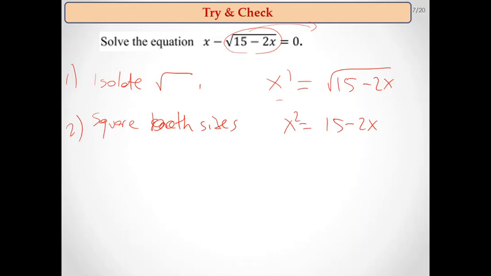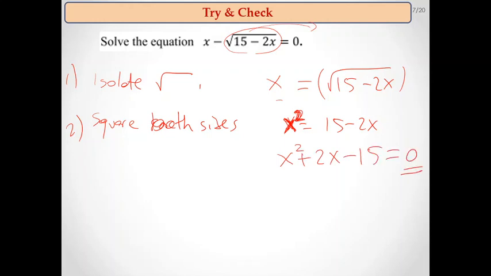When you take the square of both sides, then you got this one. Next, we have a square here. So if we have x squared, this is a quadratic equation, and the best way to deal with a quadratic equation is to write it in standard form.